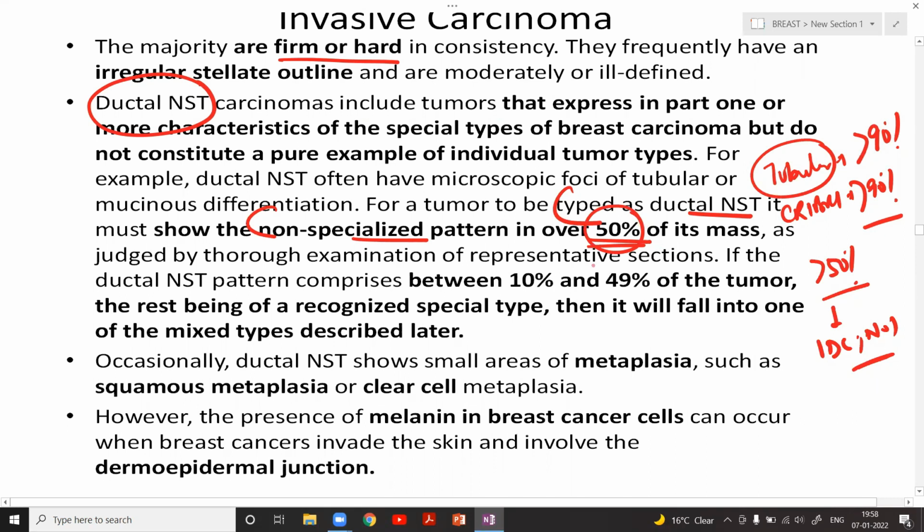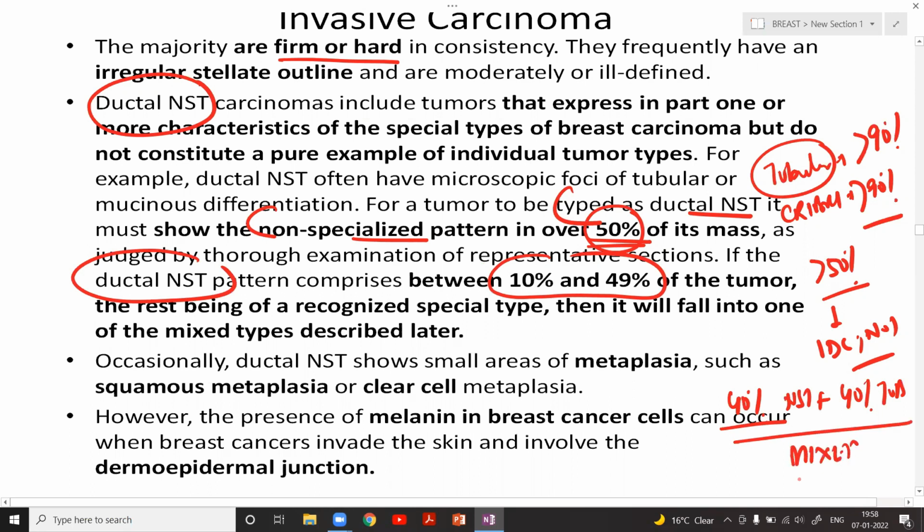But if the non-specialized component falls between 10 and 49%, for example around 40% of the tumor is no special type, NST, plus another 40% shows tubular variety, then in that case we call it a mixed tumor. Mixed tumor, we call it. This is very important.